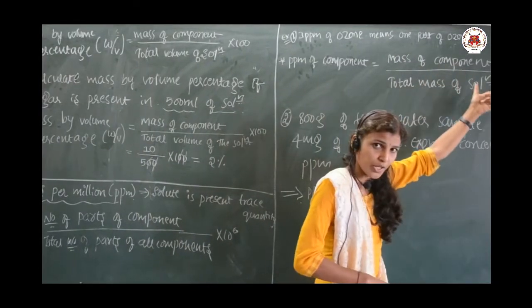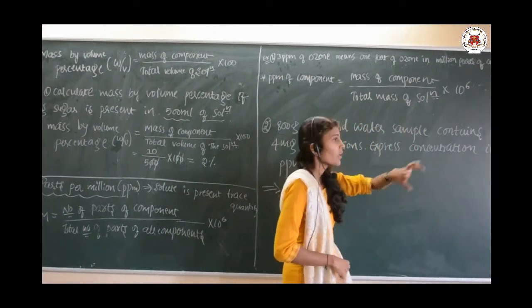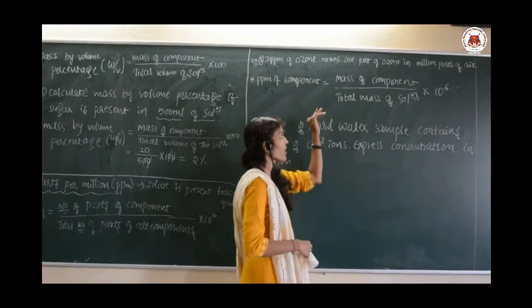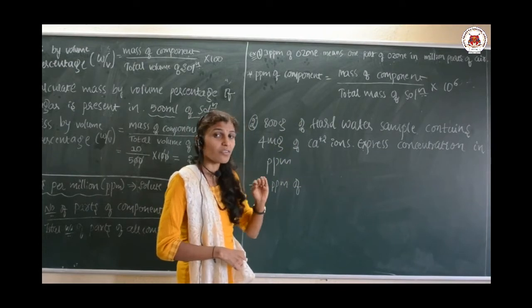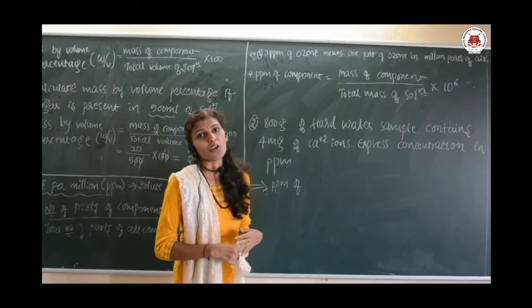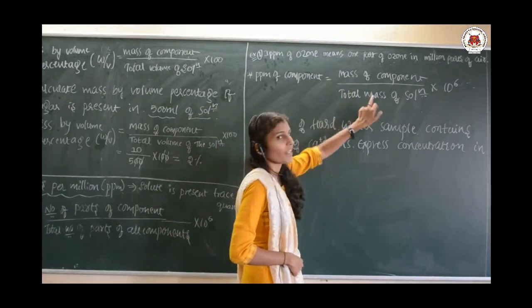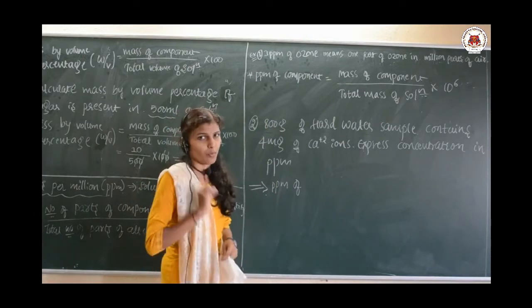Mass of the component divided by total mass of the solution into 10 to the power 6. So when we express the ppm in terms of mass percentage or volume percentage or mass by volume percentage, during that time the formula is like this.